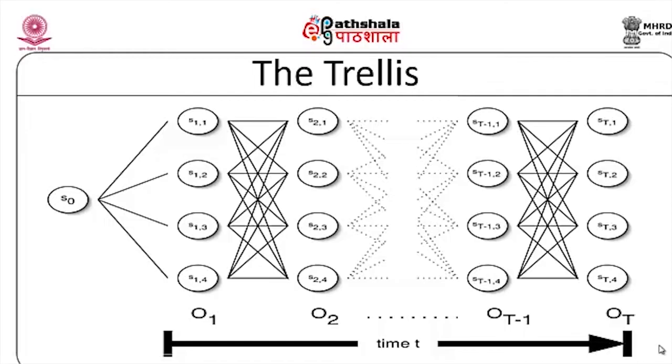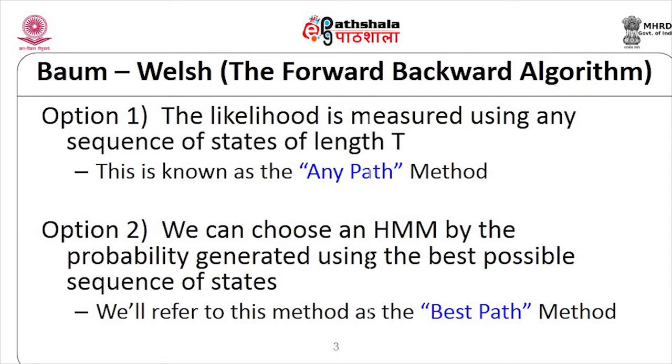Then from S11 you can go to S22, or to any of the other 4 states at observation time T2, and so on, and finally you land up at ST1, ST2 and so on. This is just to tell you that you have a state associated with each of the observation points, O1, O2 to OT. So, this is the trellis, and we will now talk about the forward-backward algorithm.